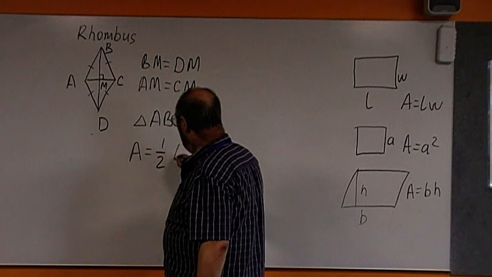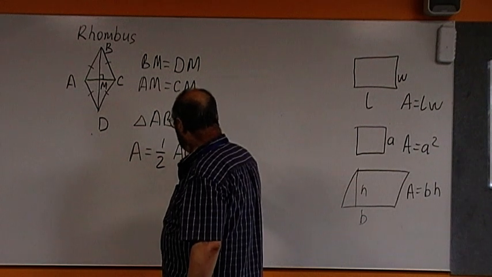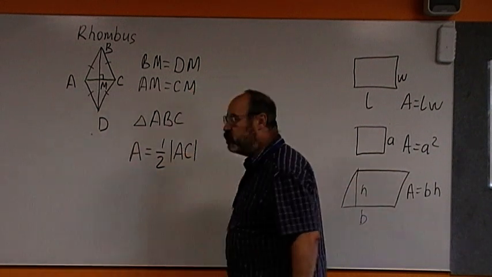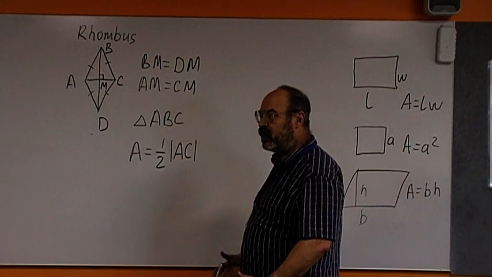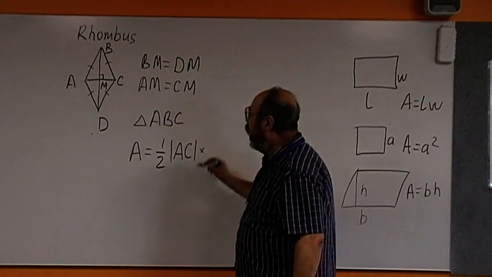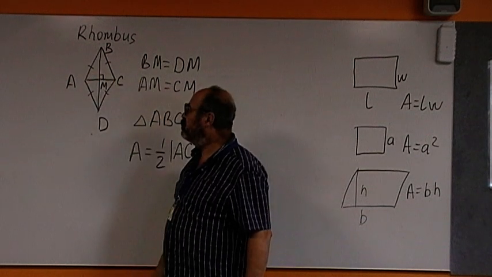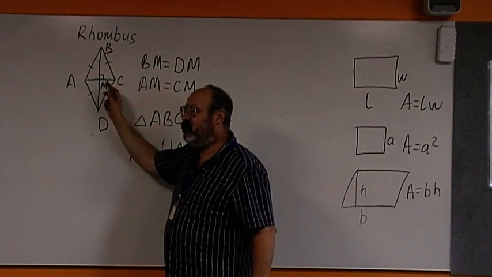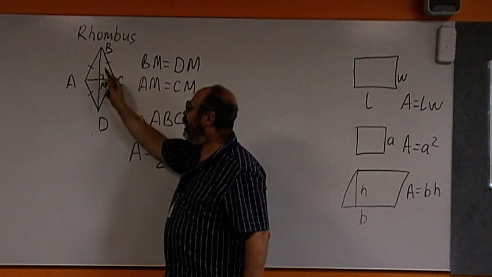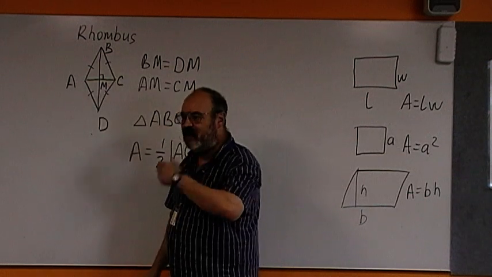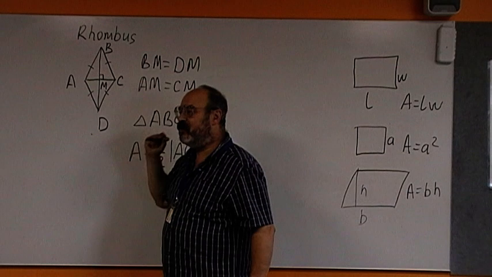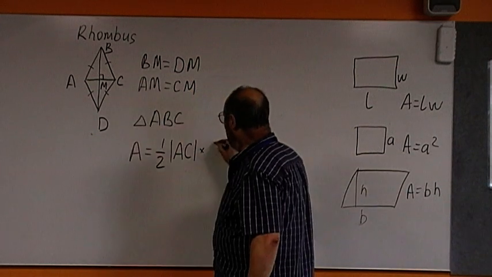So we have 1/2 AC, times the height. And what will be the height of the triangle? BM. BM is the height that meets the opposite side at a right angle. So times BM.